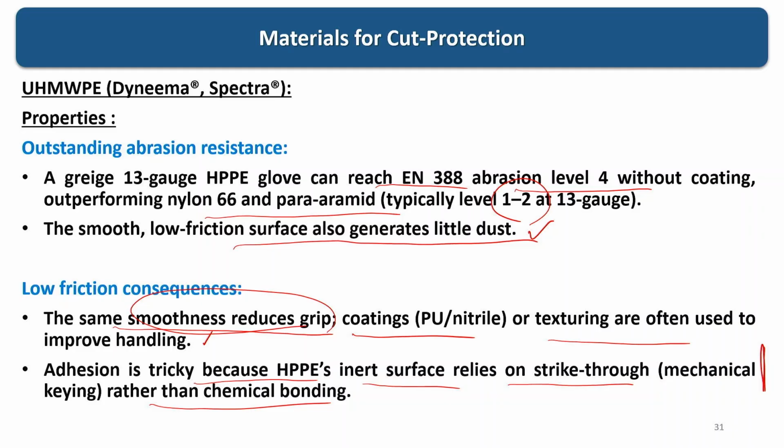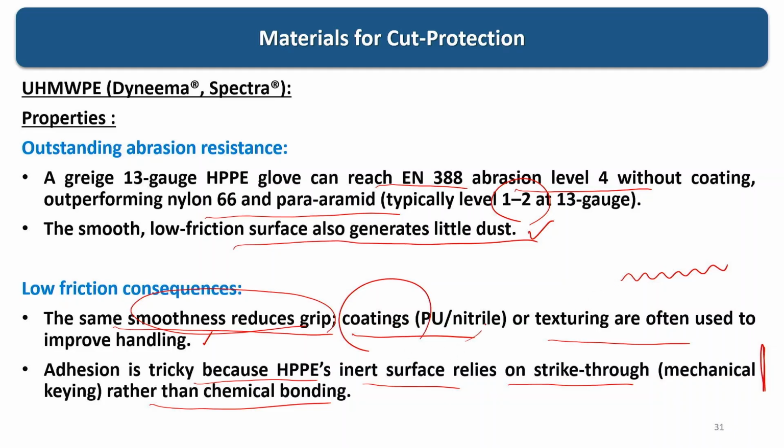So, we cannot apply any coating with chemical bonding. It depends on the textile structure, the type of surface, maybe woven, knitted, any surface.